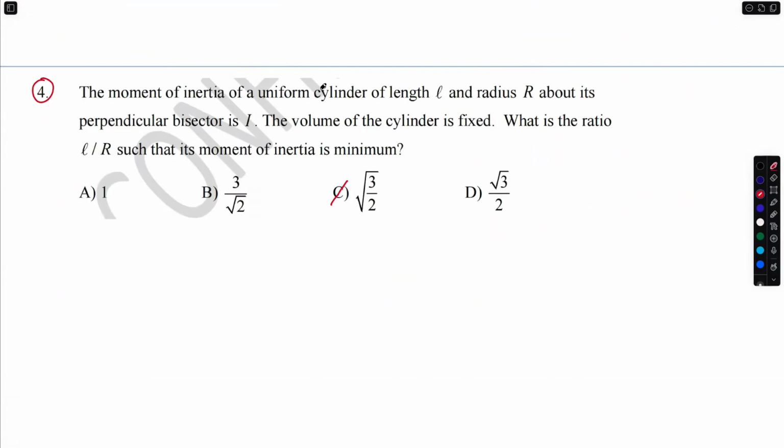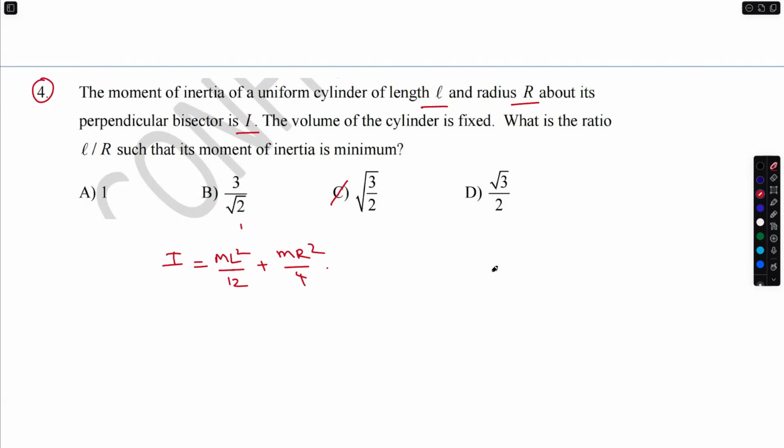Moment of inertia of a uniform cylinder of length L, radius R, about its axis perpendicular bisector is I. See, moment of inertia I is equal to M L square by 12 plus M R square by 4.